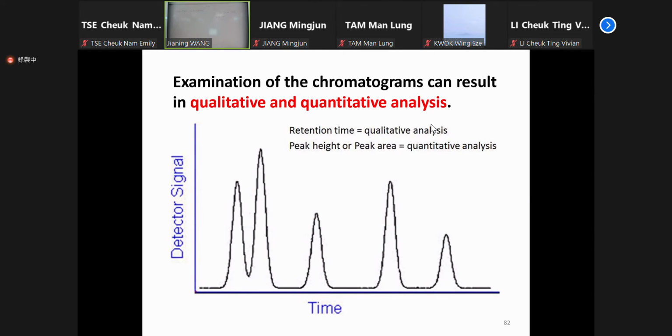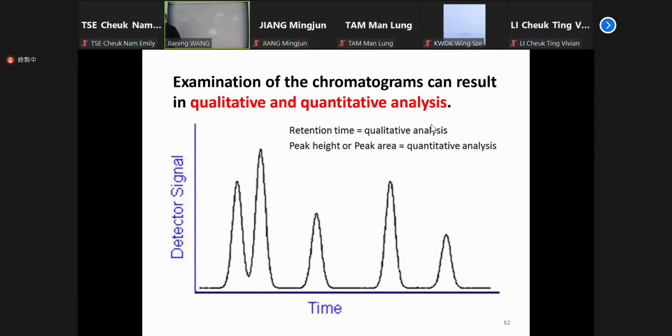Okay, so when we see several different peaks, in this case, each peak, if we only consider they have only one species, so for those species, why is the species located at this time? It's because it's determined by the property of the species.